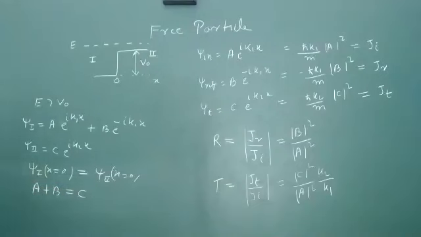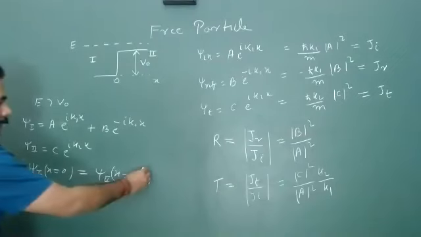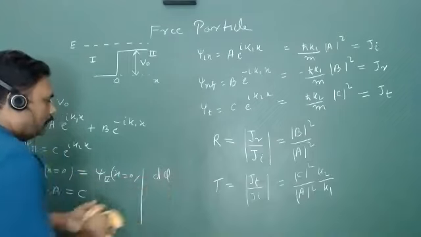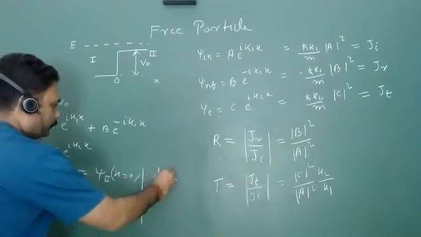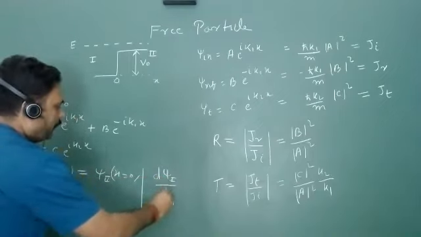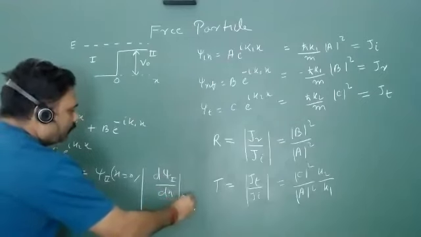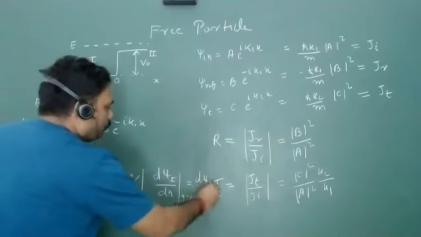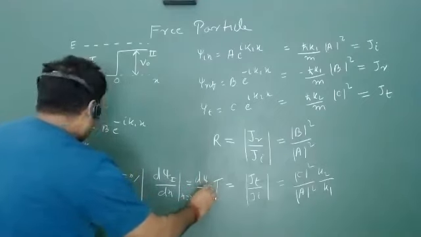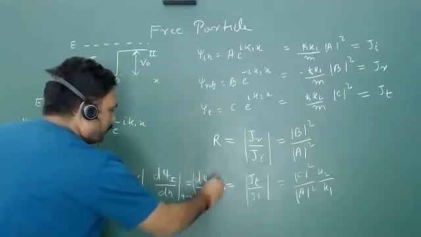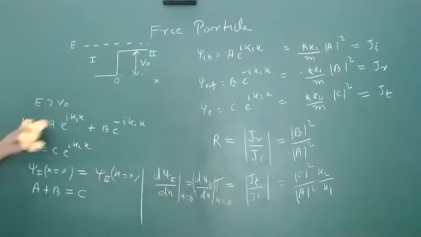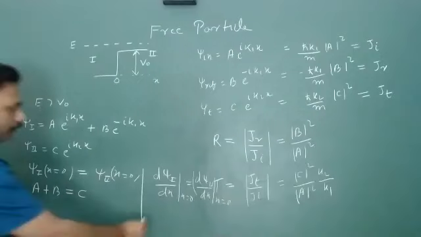And the second thing we will do is differentiate: d psi1 upon dx at x equals 0 must equal d psi2 upon dx at x equals 0. So first we have to differentiate, and then we put in the value. Then what will I get?